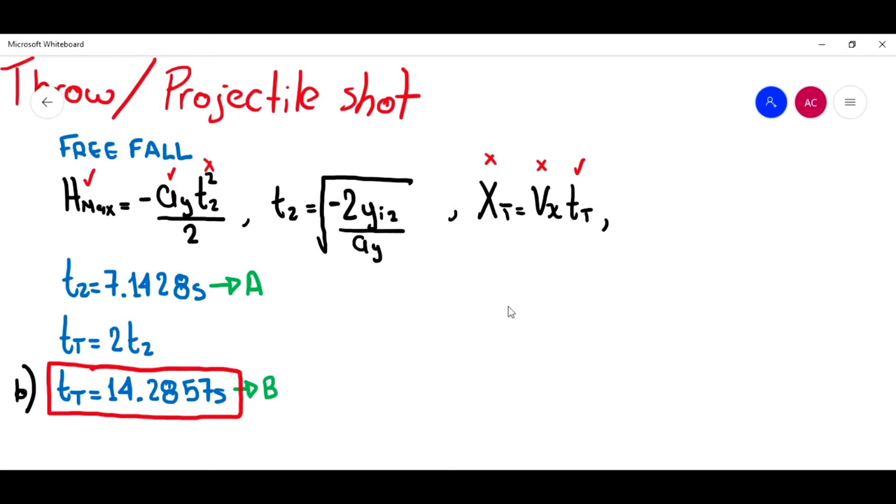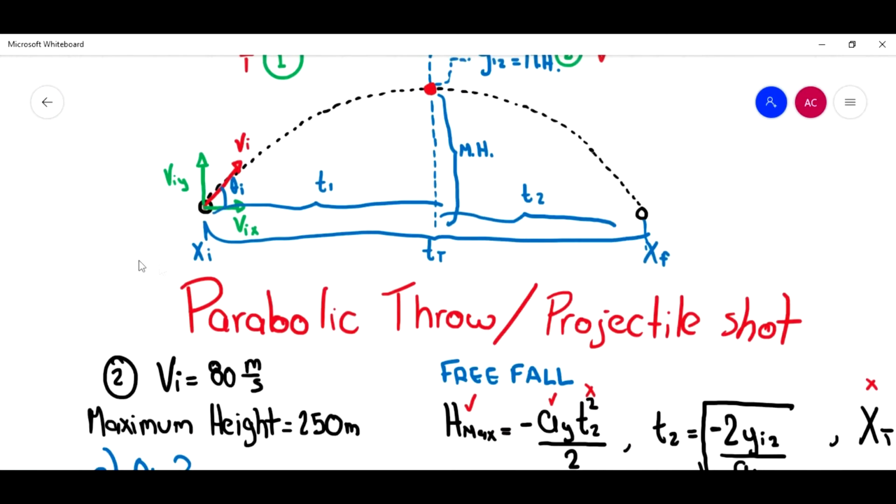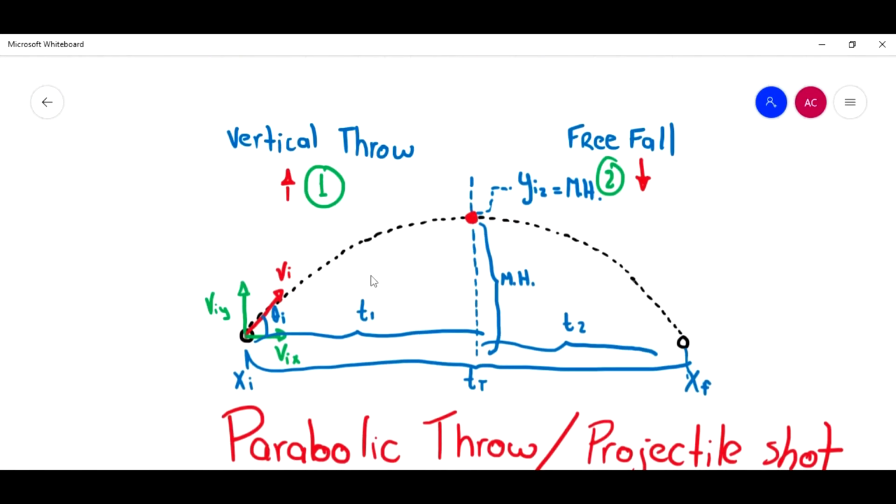So what can I do? Well, if you remember from the previous video, okay, this is segment 1, okay. The velocity here at the maximum height, just as we saw in vertical throw, the velocity in y is 0 meters per second.